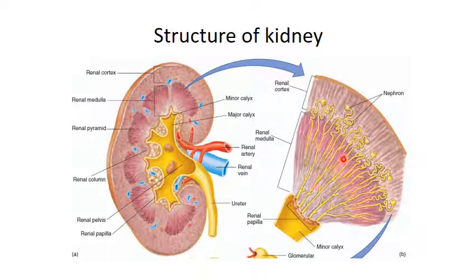These are the nephrons which are arranged inside the kidney or the renal tissue, and you can see that their collecting ducts are opening into the minor calyx, and then from minor calyx the urine drains into the major calyx and then renal pelvis.